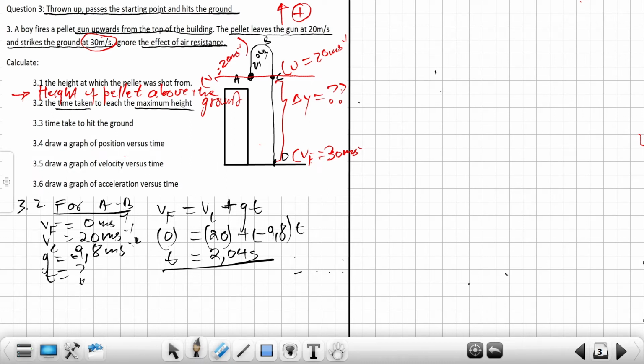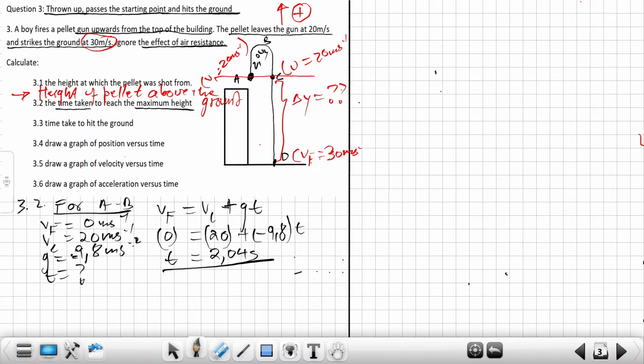So with symmetry, I know that the time from A to B is equal to the time from B to C. So they are asking me now at 3.3, calculate the time taken to hit the ground. So the part of the motion that I'm going to look at is now CD.